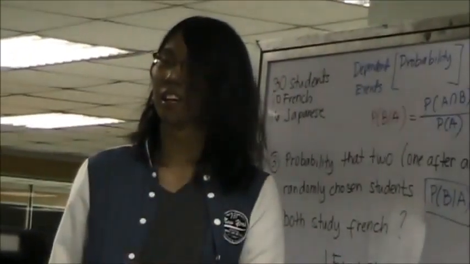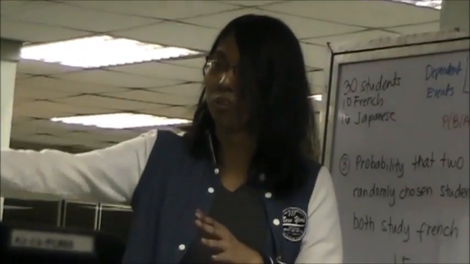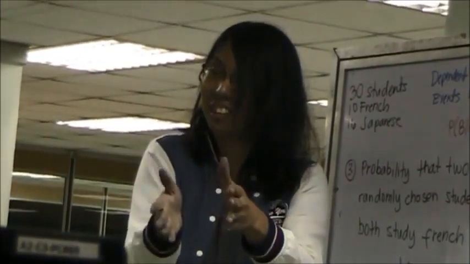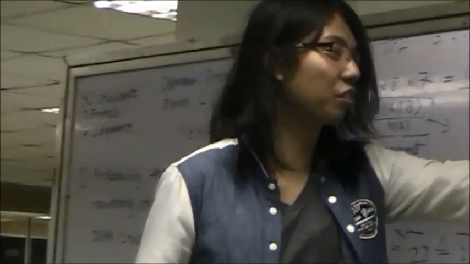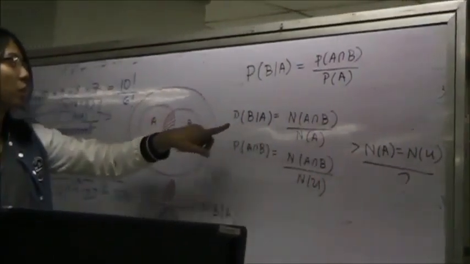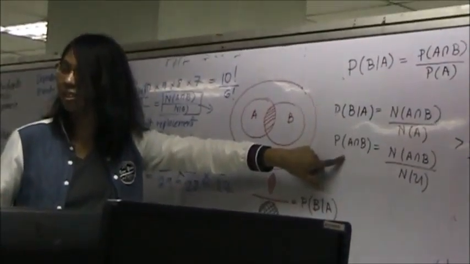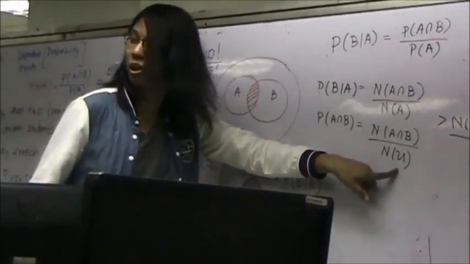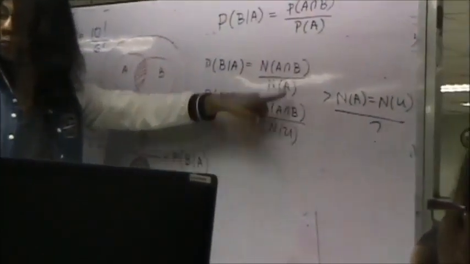Do you agree? It's also just a set. So that's the case where the universal set becomes just a set, and that's also the case where this becomes that, because now N(A) is equal to N(U), and these two things become equal.